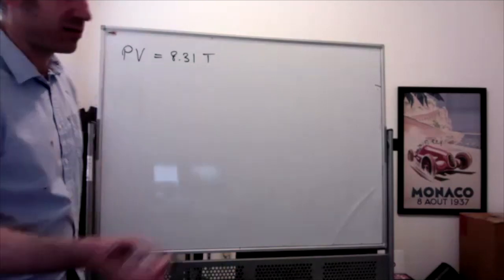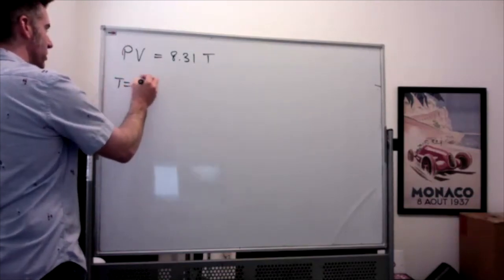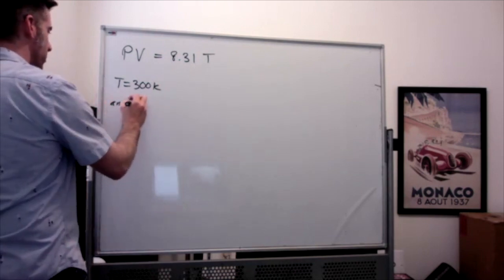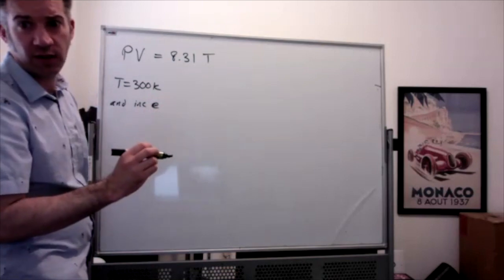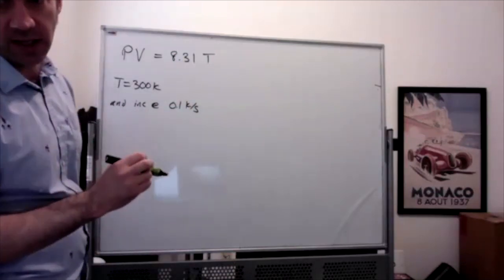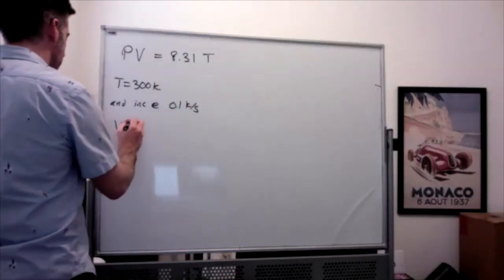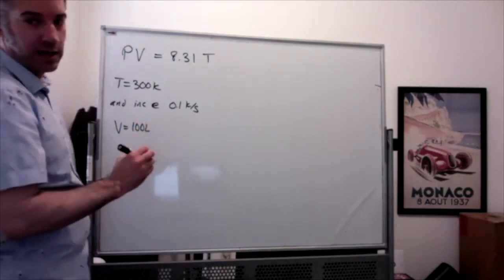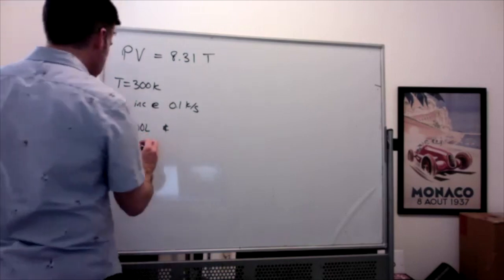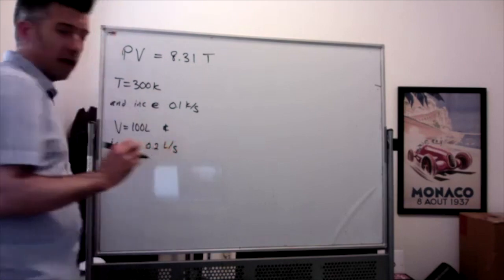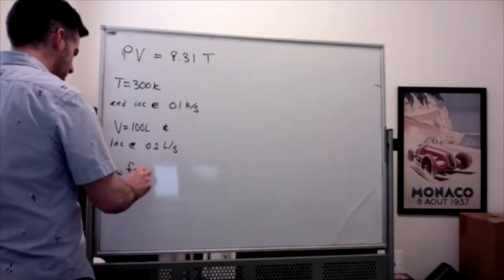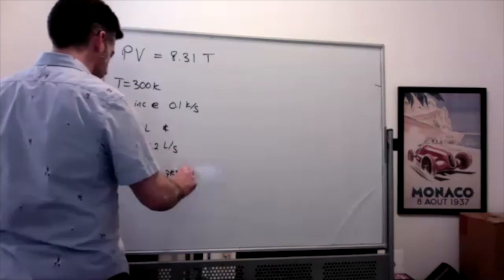If the temperature of the gas is 300 kelvins and increasing at a rate of 0.1 kelvins per second, and if the volume is 100 liters and increasing at 0.2 liters per second, then we want to know how fast the pressure is changing.